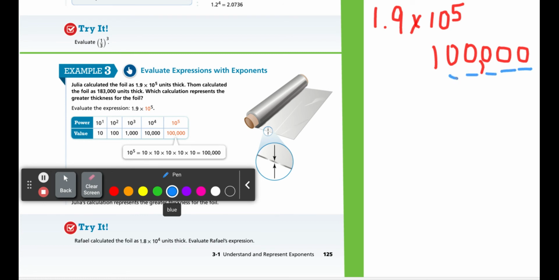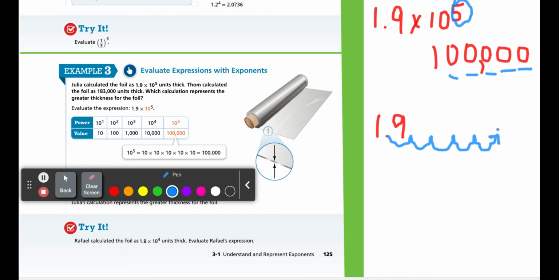So we have 5 place values with zeros in it, which matches that exponent of 5. So if I am multiplying a number times a base 10 exponent, I will just move my decimal to the right because I'm multiplying the same number of spots as the exponent. So 1, 2, 3, 4, 5.